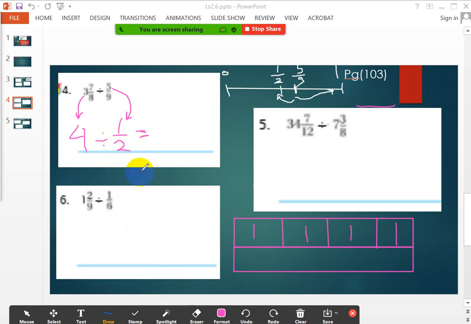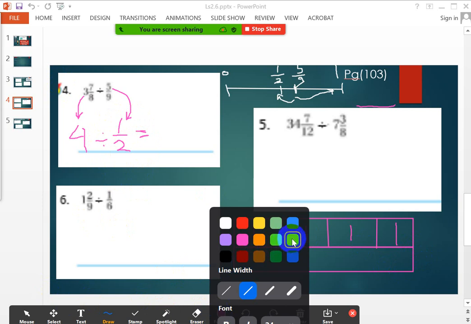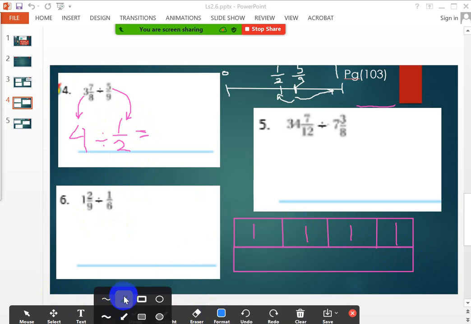Now I will draw the divisor. The divisor will be 1/2. That means I will draw on the fraction strip 1/2. Each part will be 1/2, right?